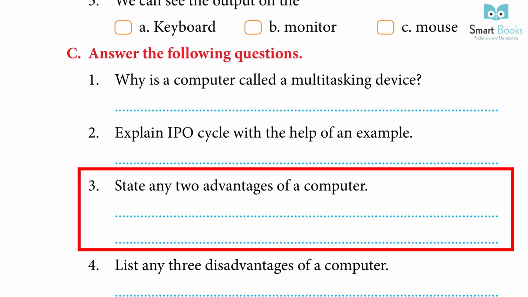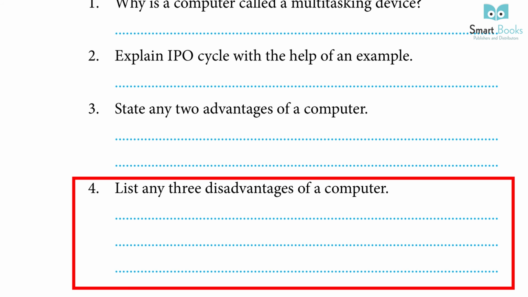It can store videos, text, audio in large amounts. Reliability. A computer is a reliable machine and designed to make maintenance easy. 4. List any 3 disadvantages of a computer. Poor eyesight and lack of intelligence are the disadvantages of a computer.